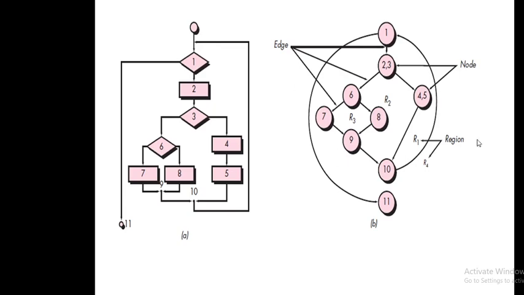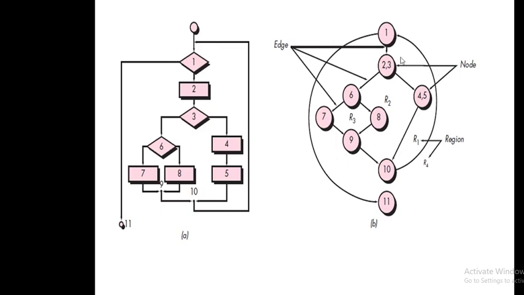That's nothing but regions. In this flow graph, we have 4 regions: region 1, region 2, region 3, region 4. We can find a region because it is covered by nodes and edges. Region 1 is covered by nodes and edges, R2 is covered by nodes and edges, R3 likewise, and R4 is the total outside region.